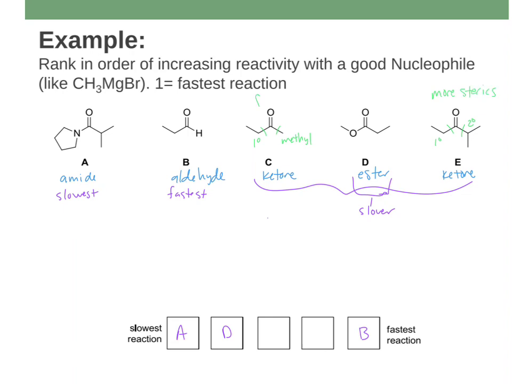So more sterics, and then fewer steric interactions. So between these two, I think that E should be slower and C should be faster, just based on steric issues. So if I put that all together, I think that C should be my second fastest.